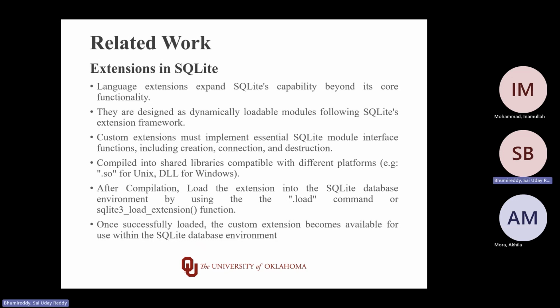Once we compile these extensions, we have to load them by using proper commands like .load or the sqlite3_load_extension function, as mentioned here. And once we load these into SQLite, we can use the functionalities we specified in the extension in the SQLite database environment.